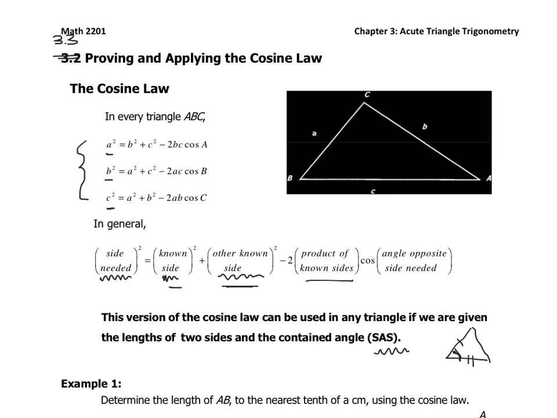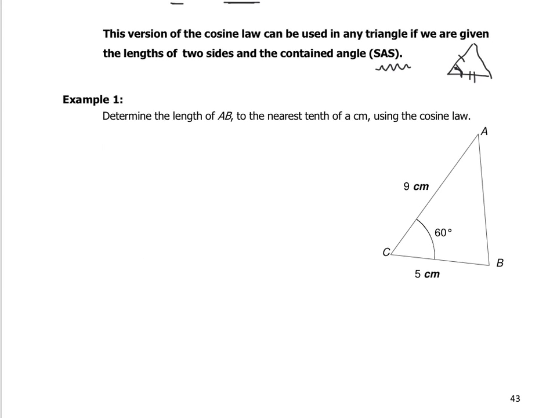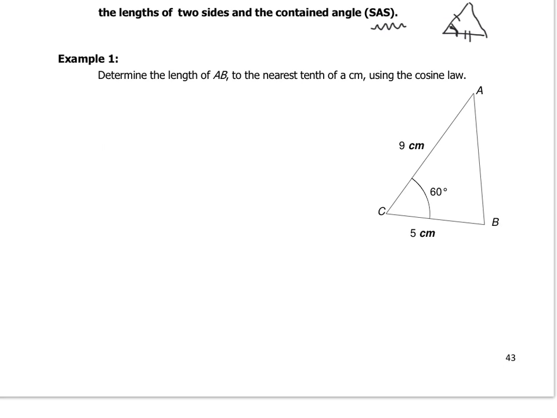So let's try one of the examples. The first one there, you do have SAS information. You've got two sides, 9 and 5, and the angle in between them is 60 degrees.